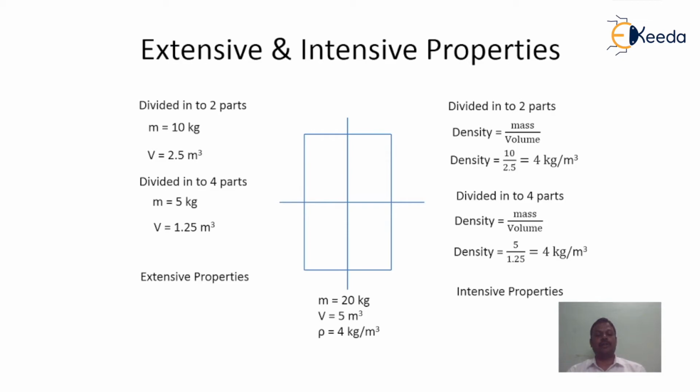Enthalpy is an extensive property, and when that enthalpy is divided by the mass of the system, that becomes an intensive property, that is specific enthalpy. Similarly, entropy is an extensive property. When it is divided by the mass of the system, it becomes an intensive property, that is specific entropy.